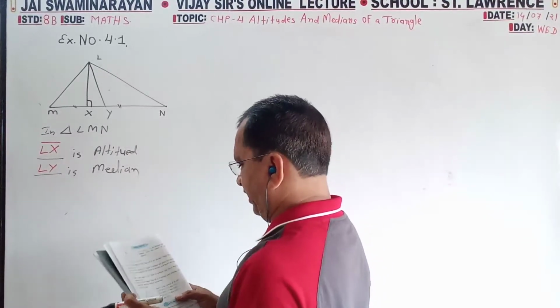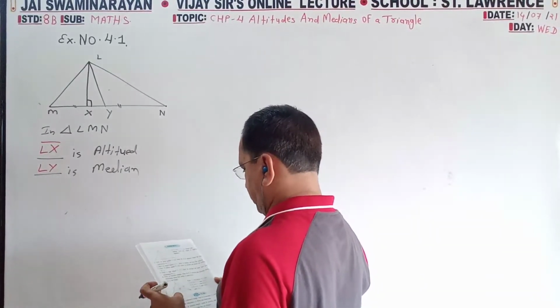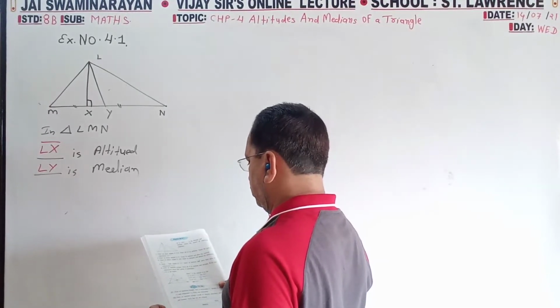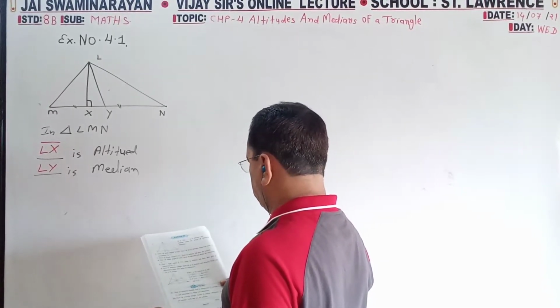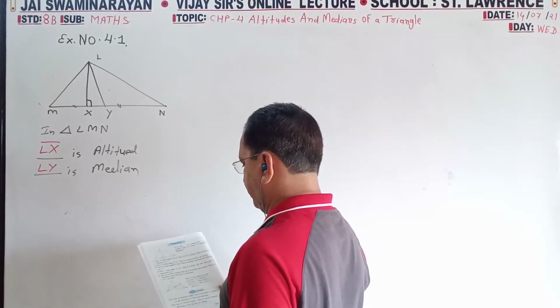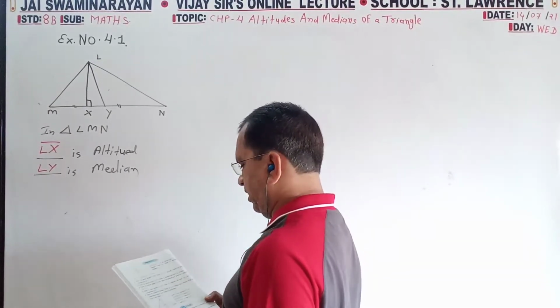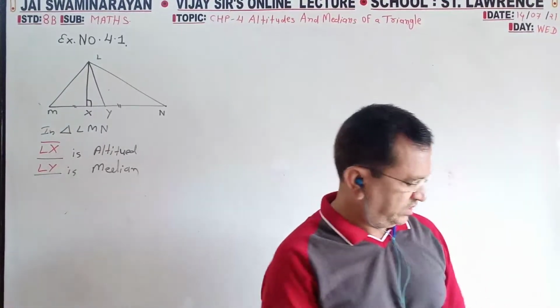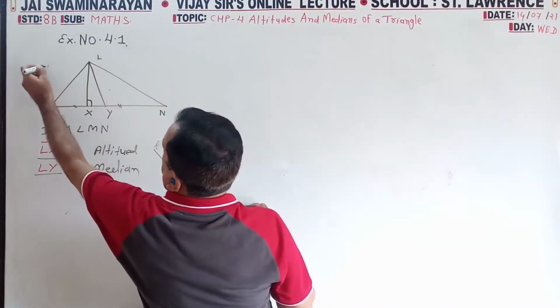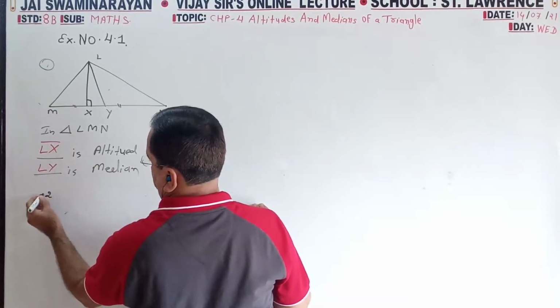Draw an acute angled triangle PQR. Draw the triangle's altitudes and mark the concurrent point O. This is first, this is second.